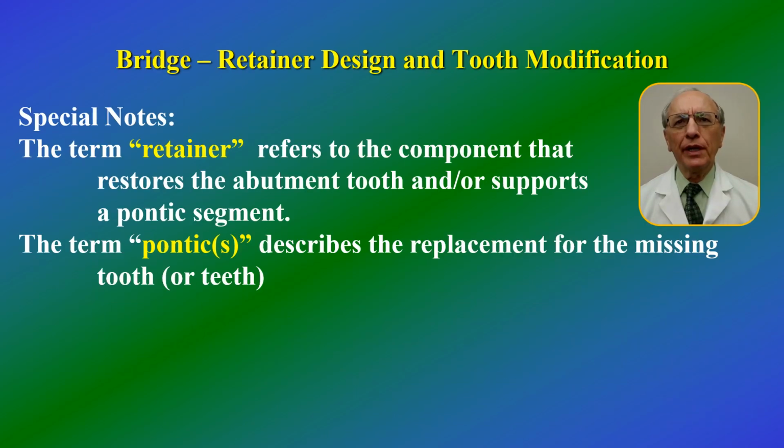Before we begin, I would like to be certain that everyone is familiar with two terms used throughout this presentation. The term retainer is used to describe the component that restores the abutment tooth and/or supports a pontic segment. The term pontic or pontic segment describes the replacement tooth or teeth.